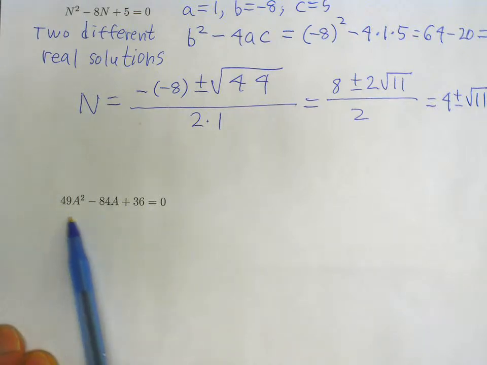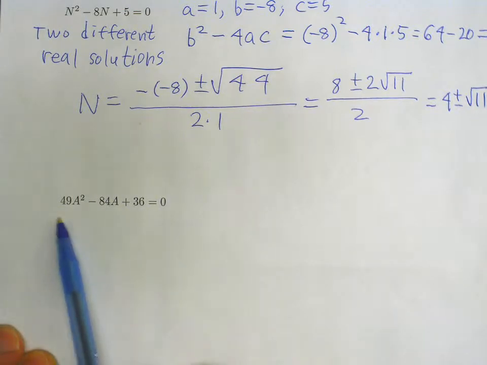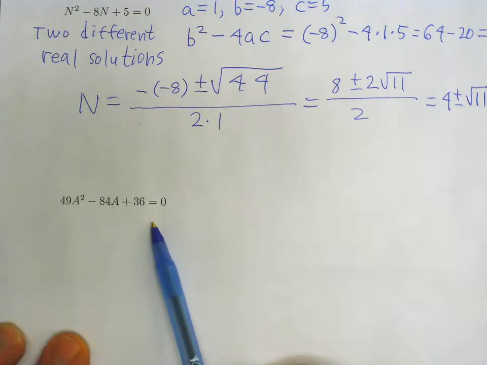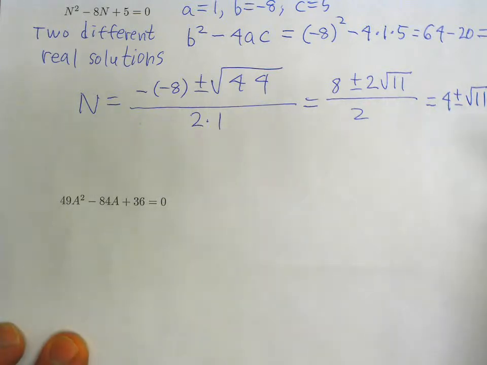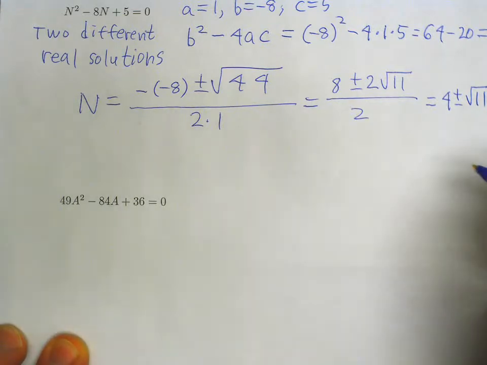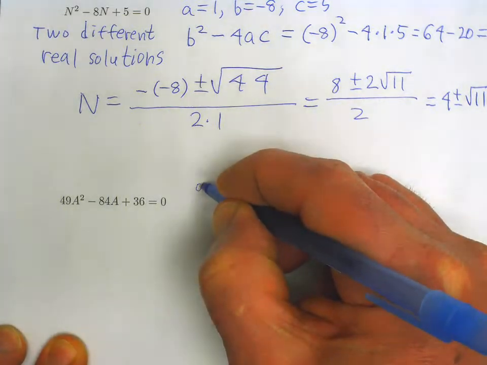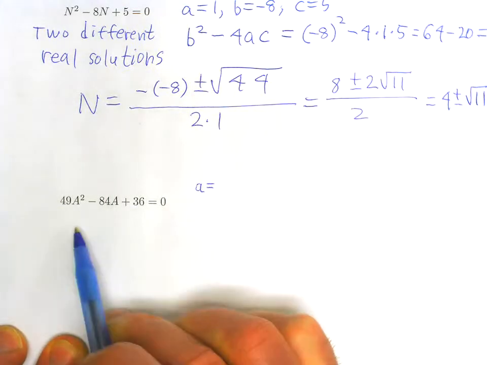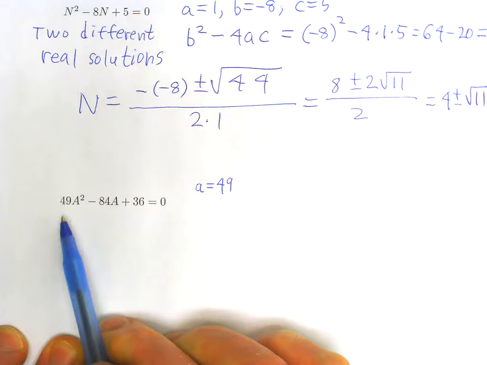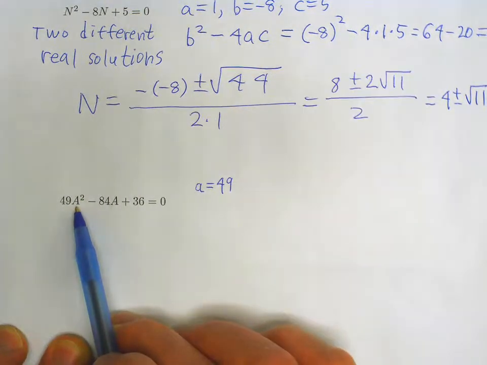Just a couple of reminders. This is the standard form for this quadratic equation. And when you determine what the values a, b, and c are, it has to be in standard form if you want to make sure that they match correctly. So in this one, lowercase a is equal to 49. It's the coefficient of the squared term.